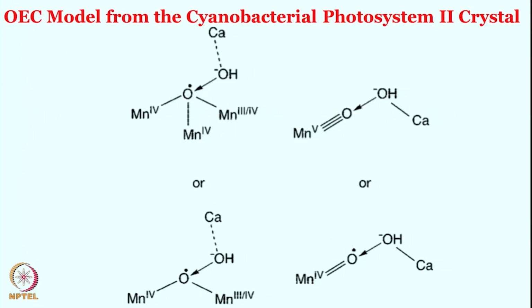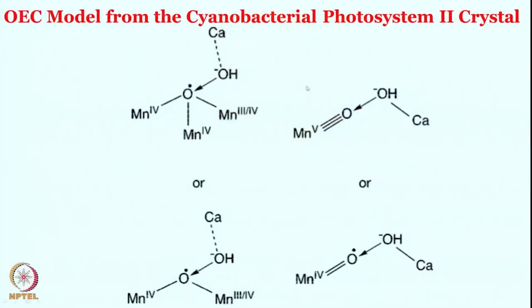One of the key steps that we are interested in is the oxygen bond formation, because if water has to give oxygen, there would be a step where O-O bond formation takes place. It is believed, with some evidence, that calcium hydroxide is the nucleophile here, and the manganese oxo centers can be acting as the electrophile.